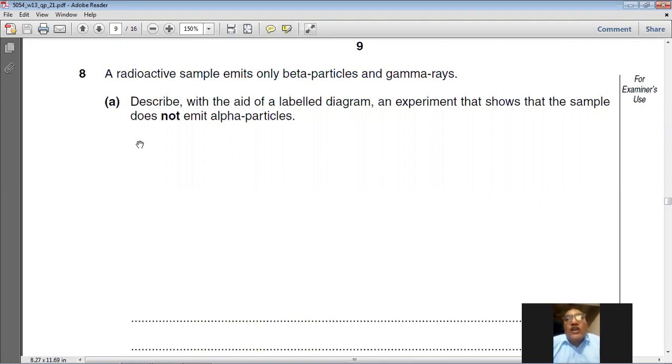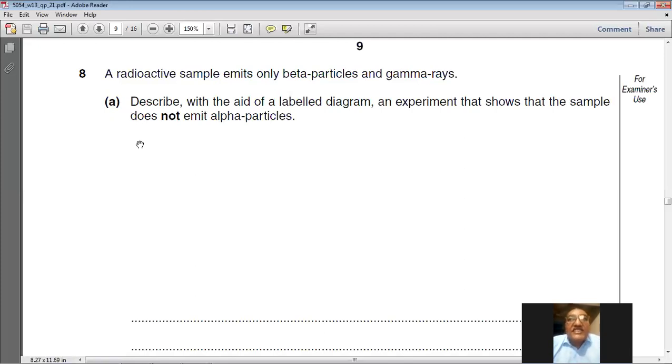Okay, so what you will do, you will take a GM tube and note down the background radiation. Check what the background radiation is. Then put the sample in front of the GM tube.